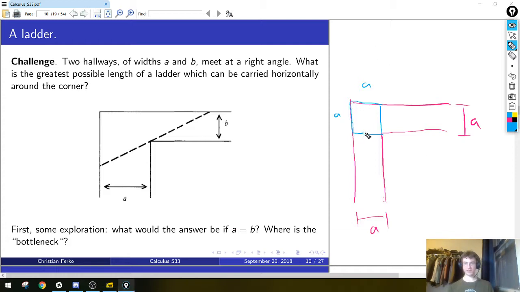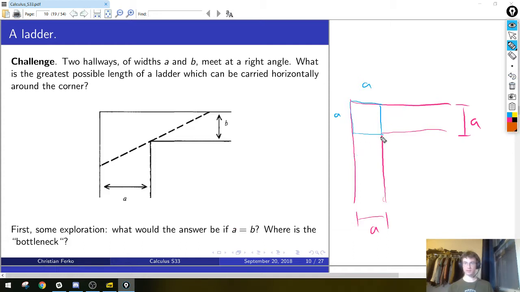So I agree, identifying this square is useful, because it points out that kind of the bottleneck is sort of where you're diagonally like this, so that you're kind of intersecting the square that you just identified symmetrically right through one of its endpoints. Right, so there's where the bottleneck is. Let me put it in a different color.